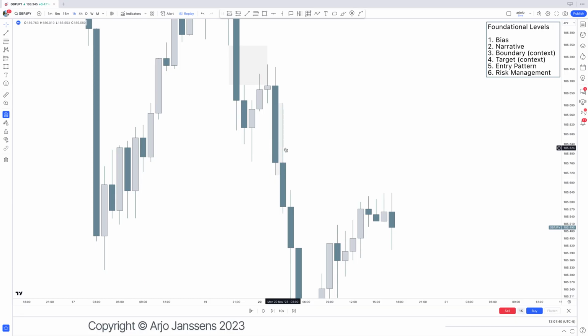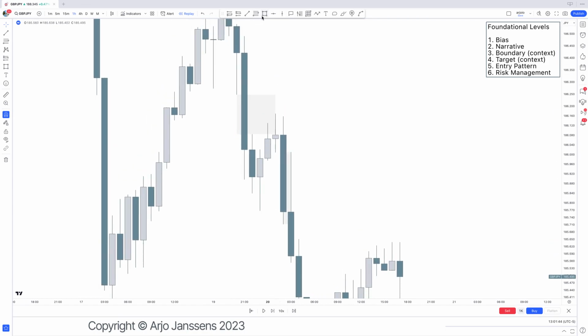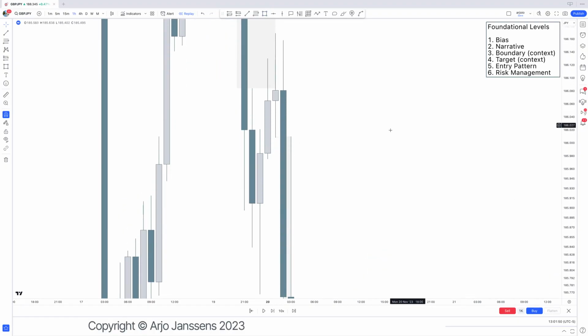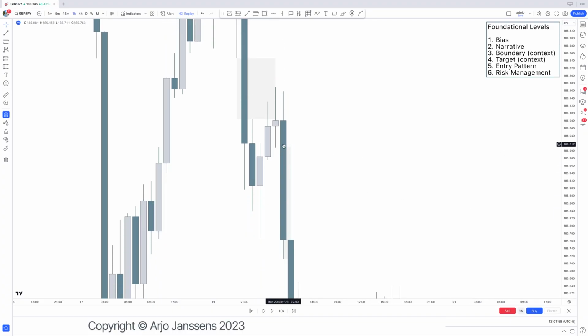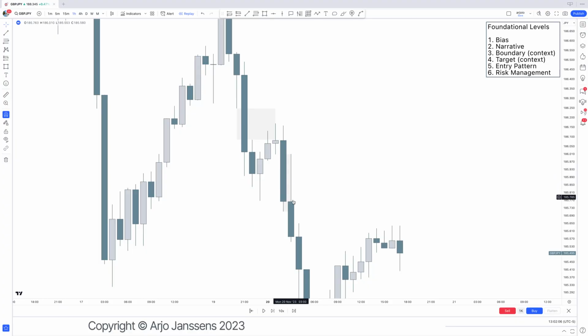So sometimes you'll see me refer to when we have the first fair value gap. If we have this first fair value gap right there, which is a very small fair value gap, or it's not even a fair value gap actually, it's not a great example. But if this was a fair value gap sitting right there, and we did not have a clear retracement, but we did have wicks coming back into the order block, into the mitigation block, then we create a new fair value gap lower off of that.